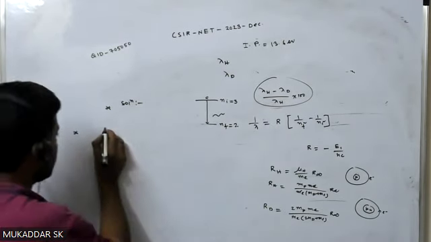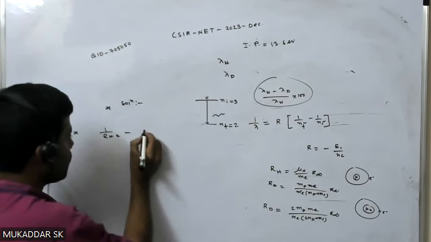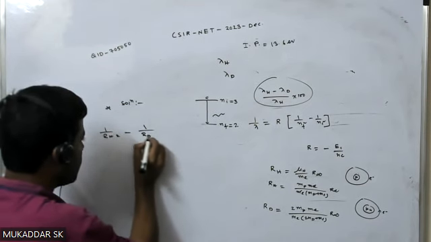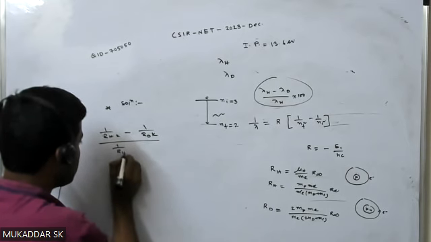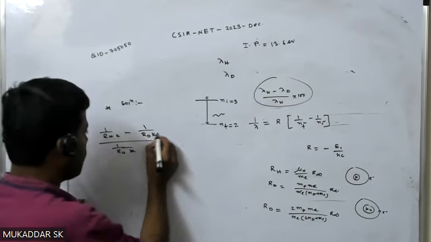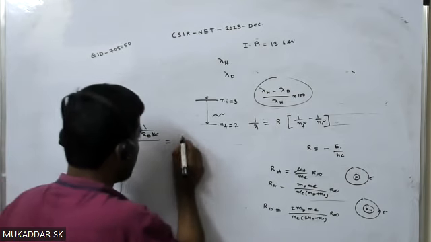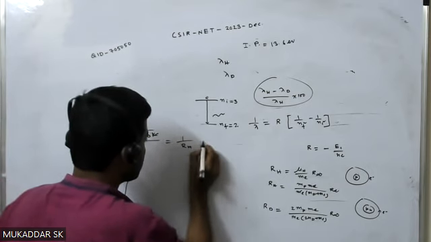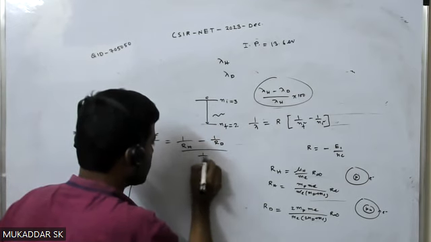So I'll substitute this value. You have 1 by lambda H, which is 1 by R_H into k, then 1 by R_D into k, divided by 1 by R_H into k. Now see, this k will be cancelled, it is common, so top and bottom will cancel. What will remain? Only 1 by R_H minus 1 by R_D, divided by 1 by R_H.